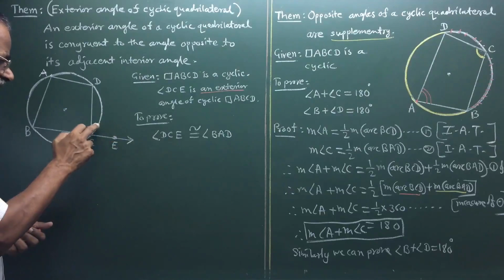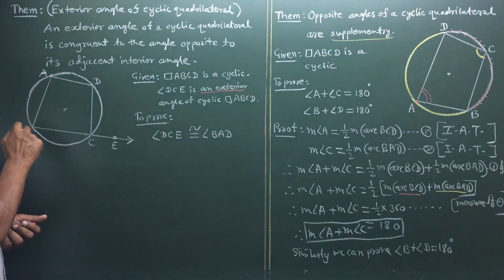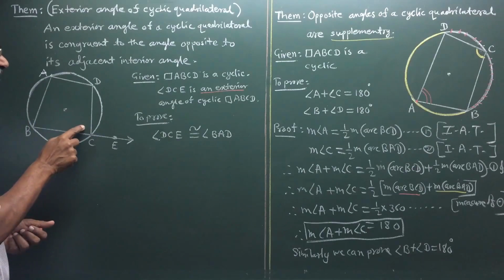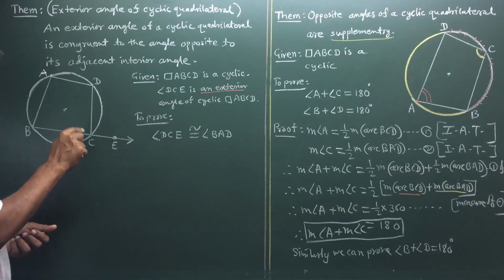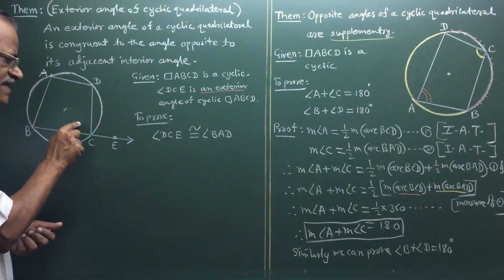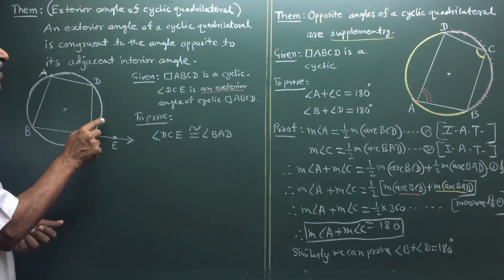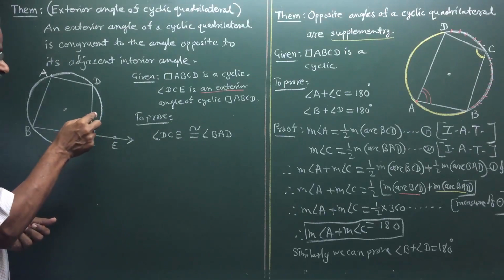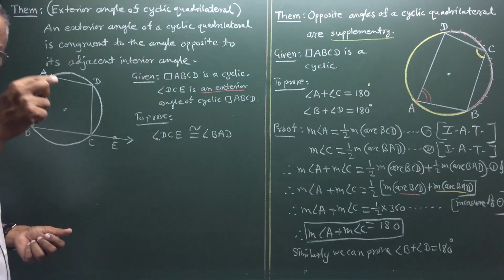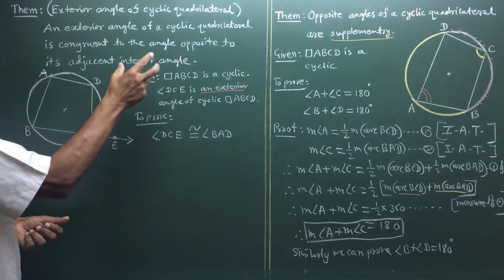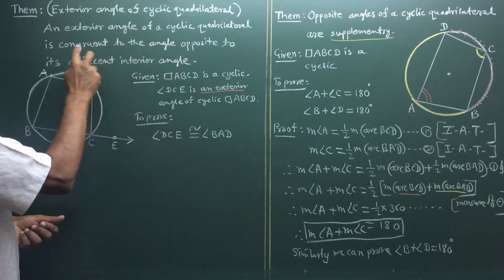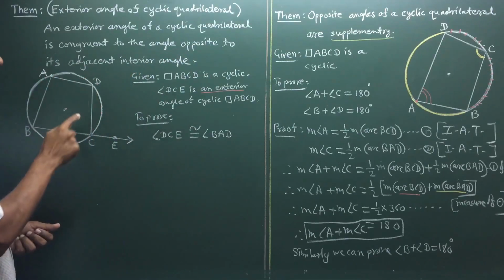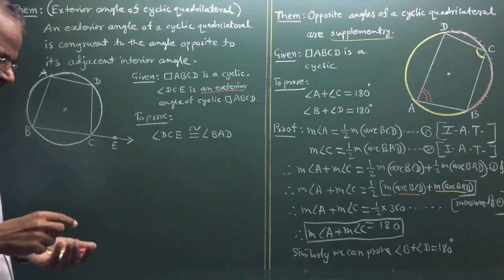We have to show that it is congruent with BAD. This is the adjacent interior angle of exterior angle, and we have to show that the exterior angle is congruent with, what is that statement? You can read carefully. It is congruent to the opposite of its adjacent interior angle.